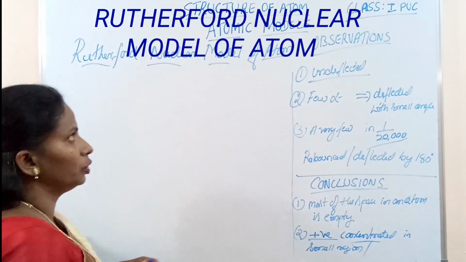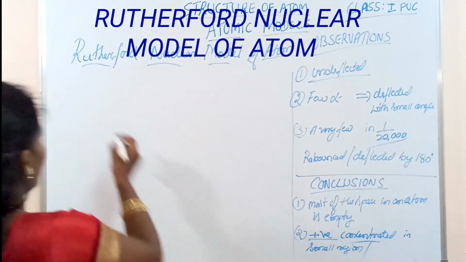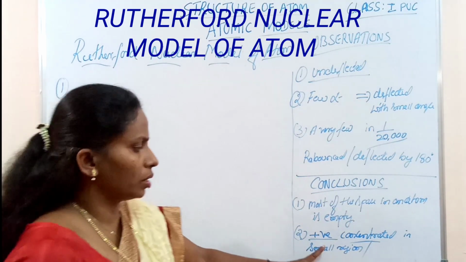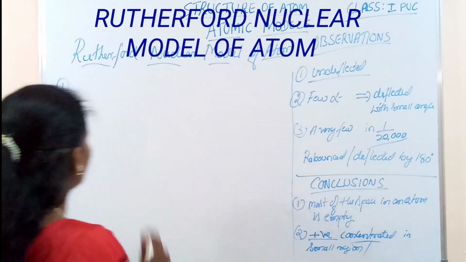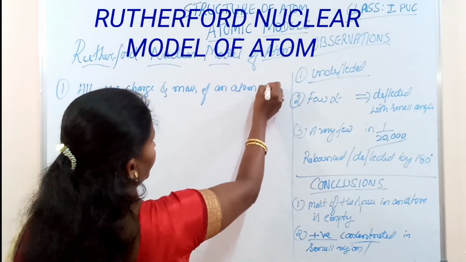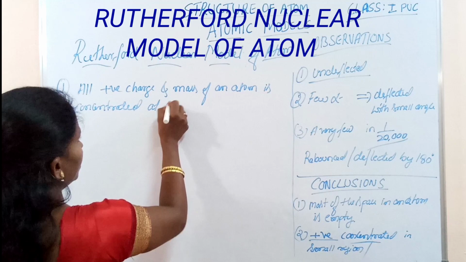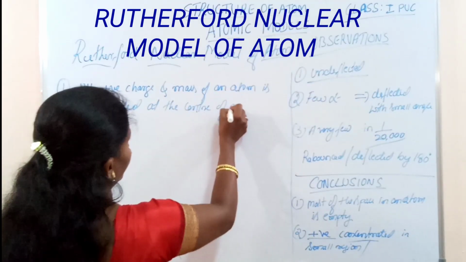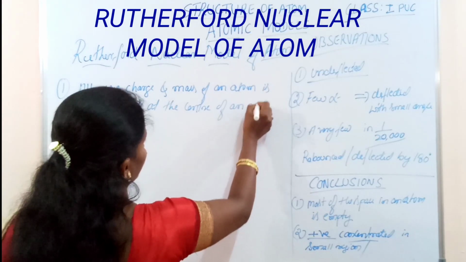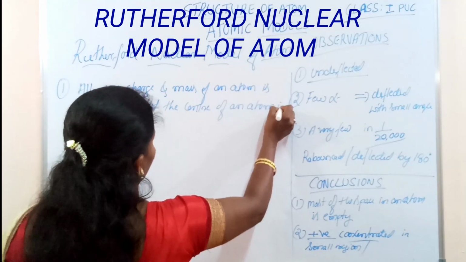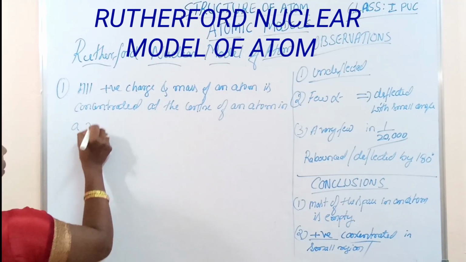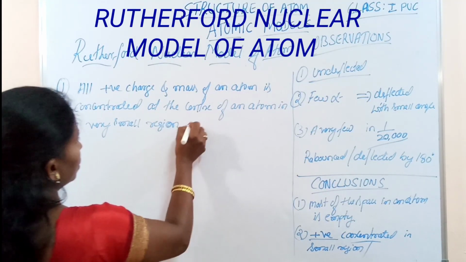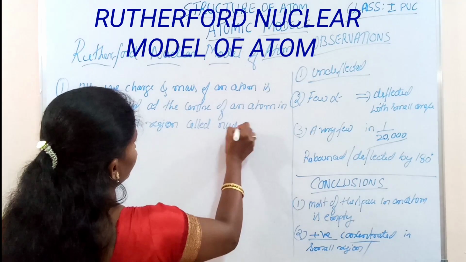According to Rutherford's nuclear model of an atom, first, all the positive charge and mass of an atom is concentrated at the center of the atom in a very small region called the nucleus.